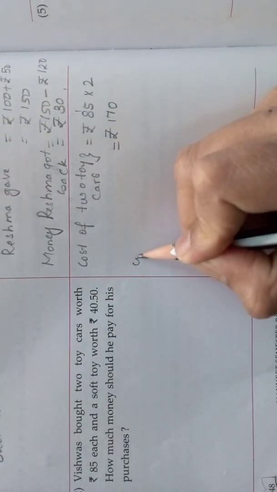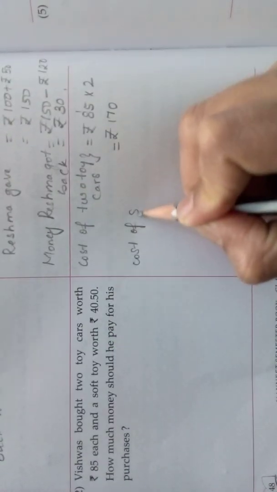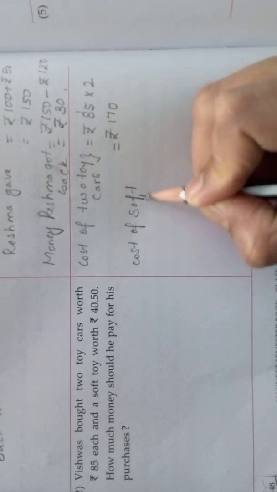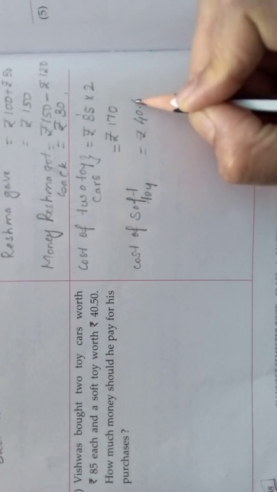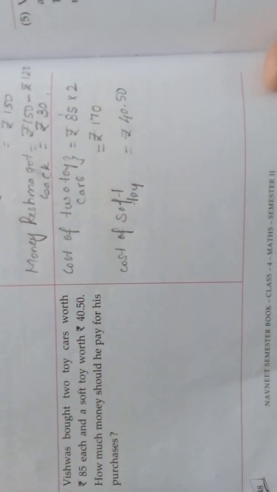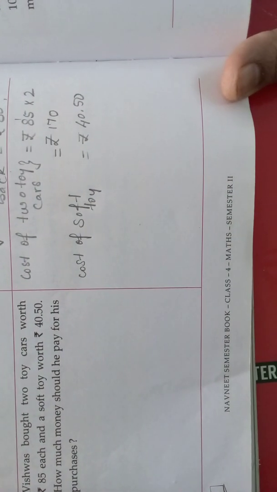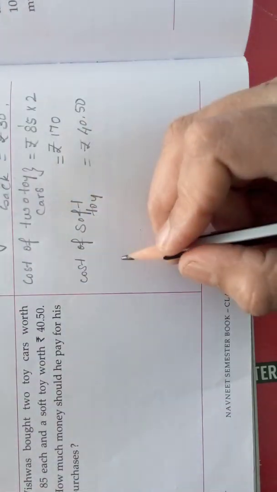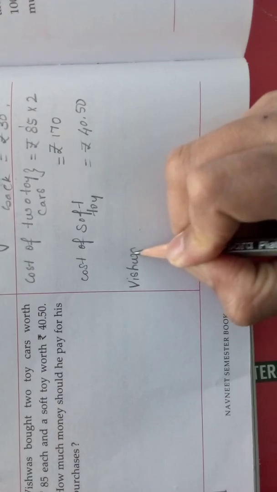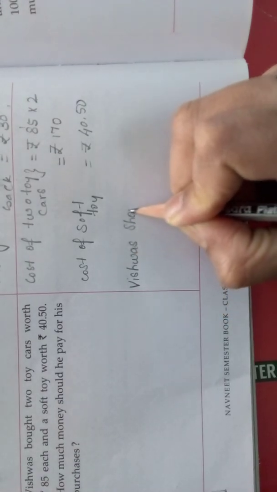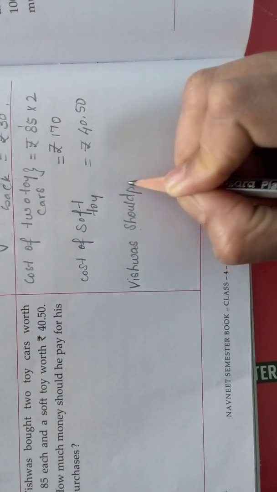And Vishwas also bought a soft toy. Okay. So cost of soft toy is equal to rupees 40 rupees 50 paise. Okay. So how much money should he pay for his purchase? Vishwas should pay how much money?